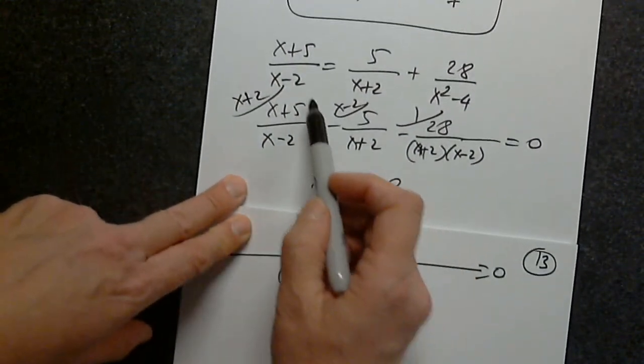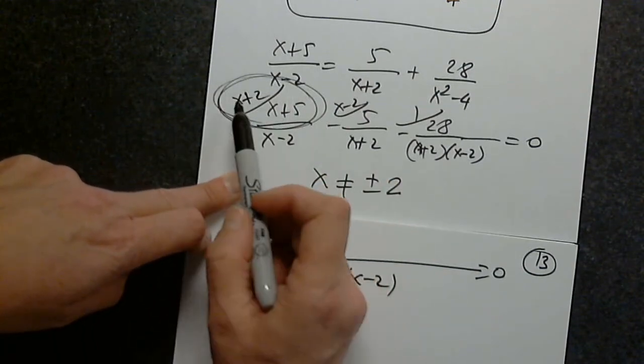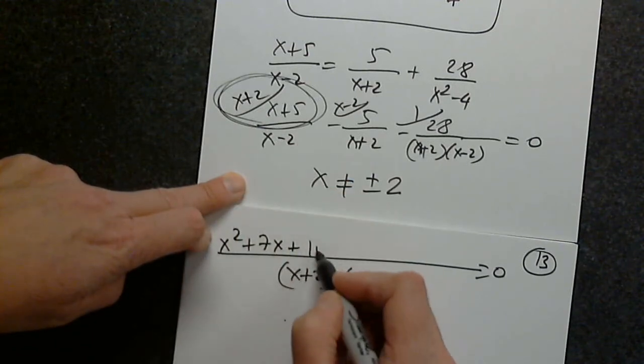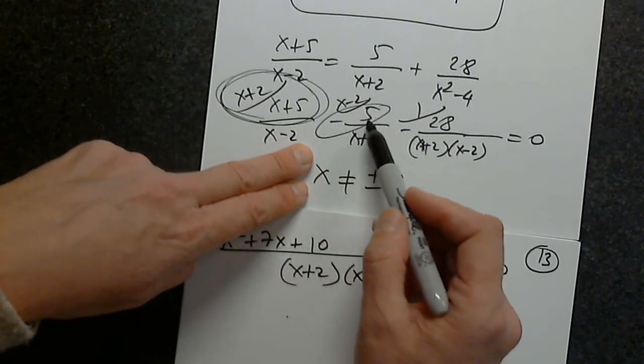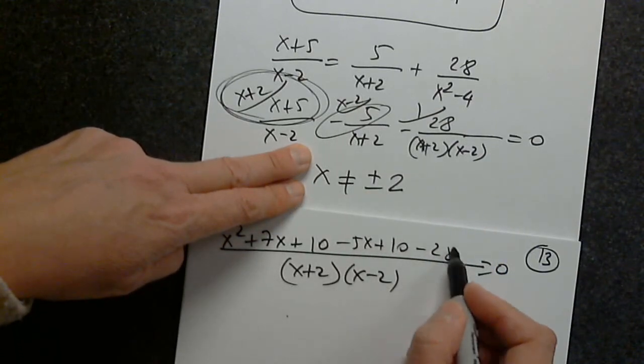Okay, so now careful how you distribute here because I have to use FOIL. So this is x squared plus 5x plus 2x plus 10. Now careful how you distribute negative 5 to these two terms: negative 5x plus 10, and then minus 28.